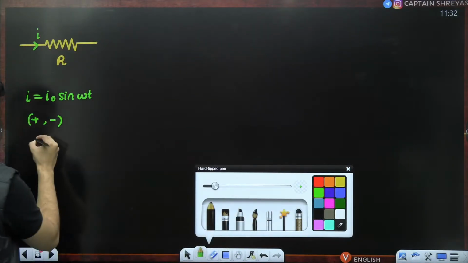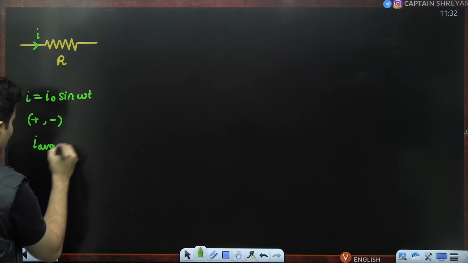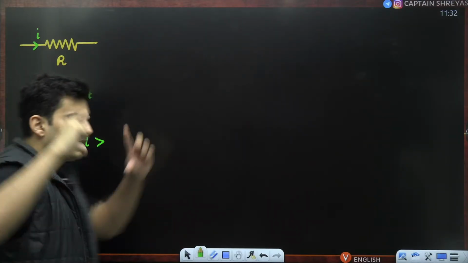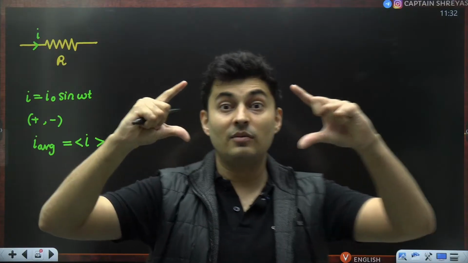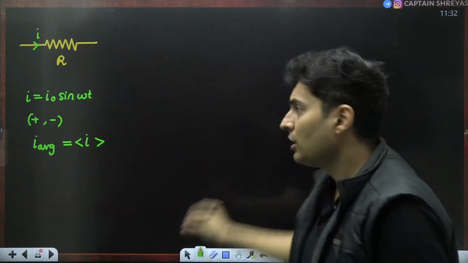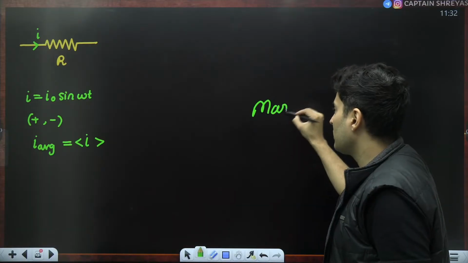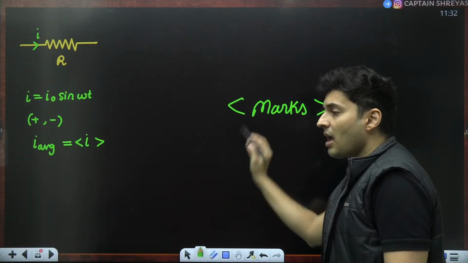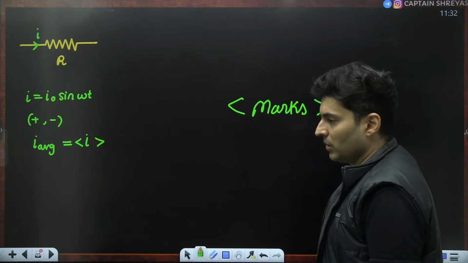So the average value is also symbolized like this. Do you remember these triangular brackets? When you put triangular brackets, it means average. So if I say marks of a student, and if I put this, it means average marks of the students.